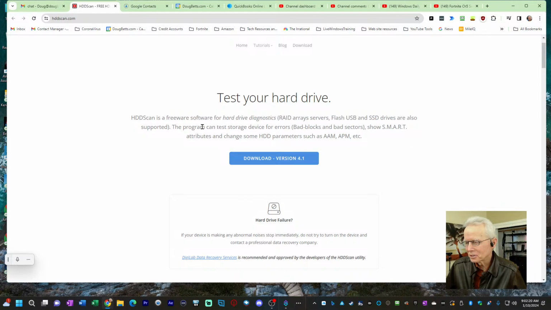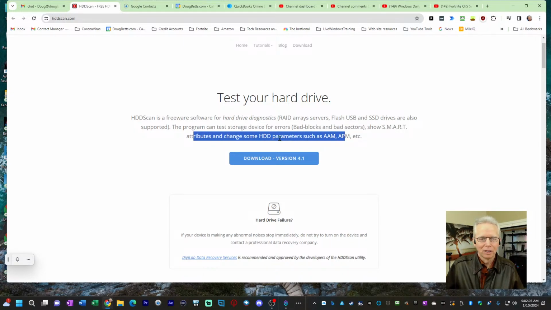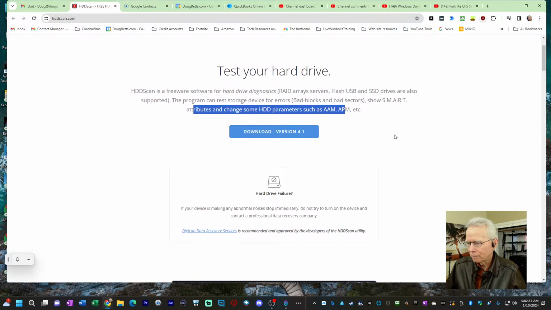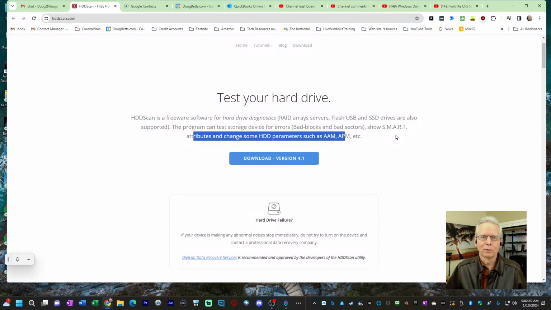The program can test storage devices for errors, bad blocks, bad sectors. So this sounds good for somebody who's wanting to check the condition of storage media. It's been so long since I've come across a need to do that, so I won't be going down that road myself. All I use Crystal Disk Info for is to look up the Smart Info to see what's being reported.